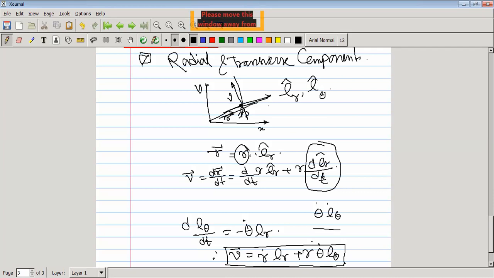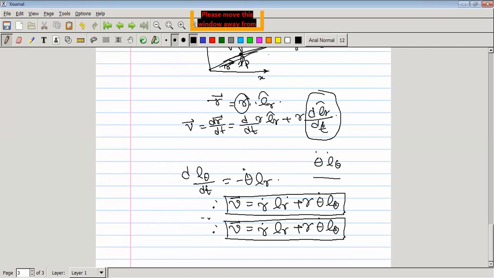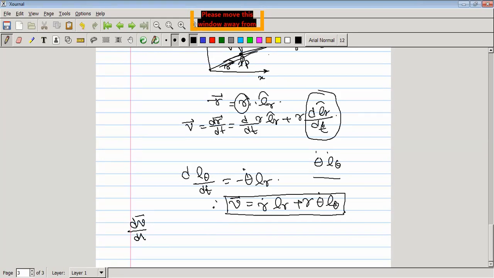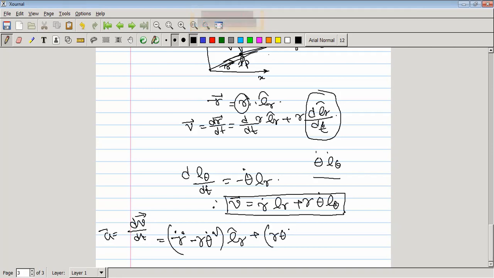Okay, and the acceleration is dv vector by dt. If you differentiate this, you get r double dot minus r theta dot square in the er direction, plus r theta double dot plus 2 r dot theta dot in the e theta direction.